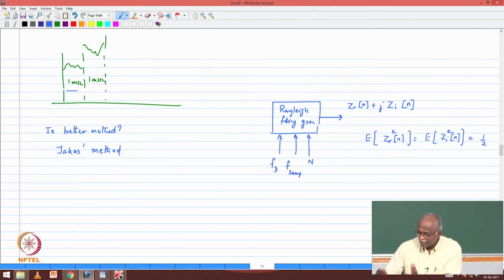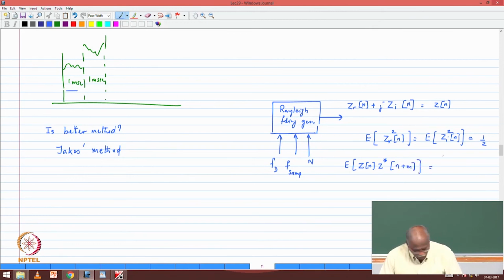So that together they will give you unit variance as far as the channel response is concerned. The Doppler properties expected: we call this Z of n, expected value of Z of n, Z star of n plus m.